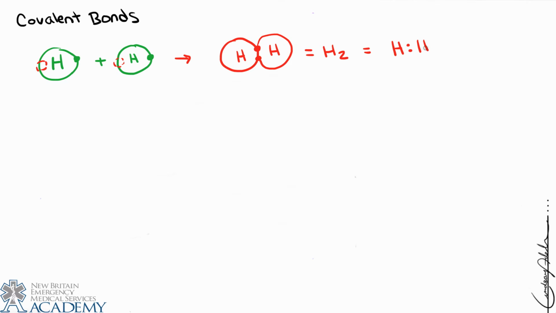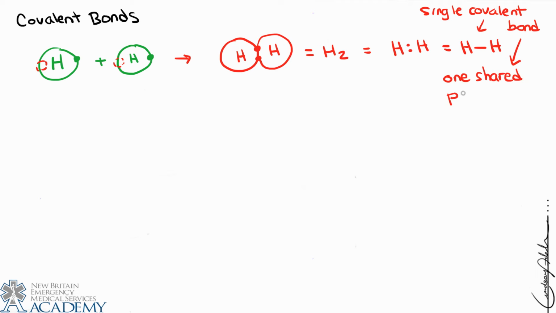It's also equivalent to showing the 2 electrons as just 2 dots between the 2 H's, or we could draw a line in between the 2 H's, and that line represents a single covalent bond. A single covalent bond means that we're sharing 1 pair of electrons. Each atom contributes 1 electron to the shared pair, and the 2 atoms are stuck together by just 2 electrons. That would be a single covalent bond.